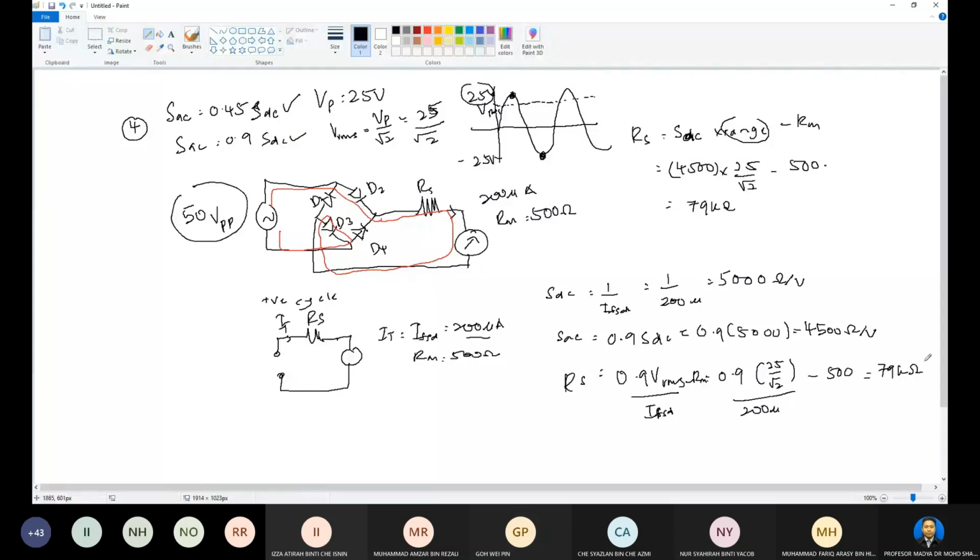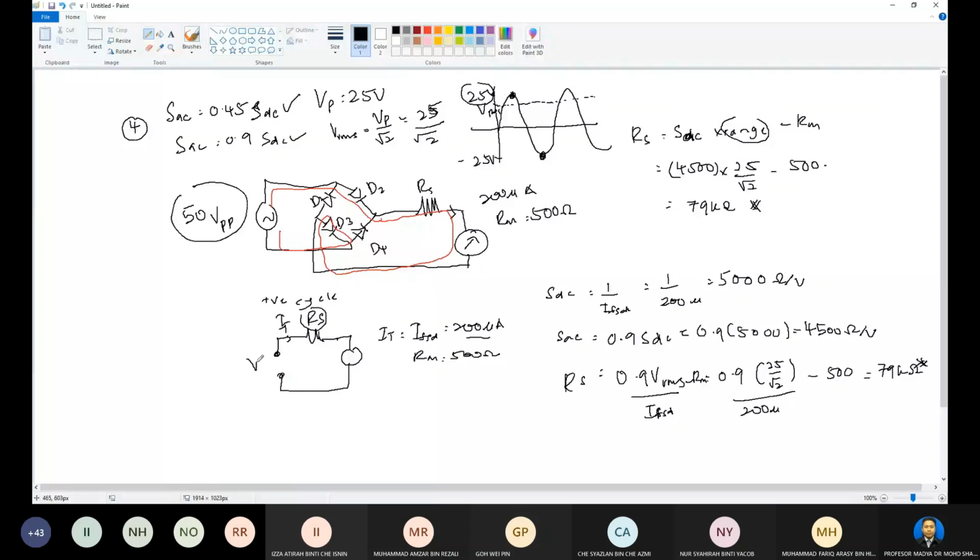So you can straightforwardly use this formula, or you can use the derivation from the circuit. For example, if you want to calculate the RS, suppose this voltage is RMS.